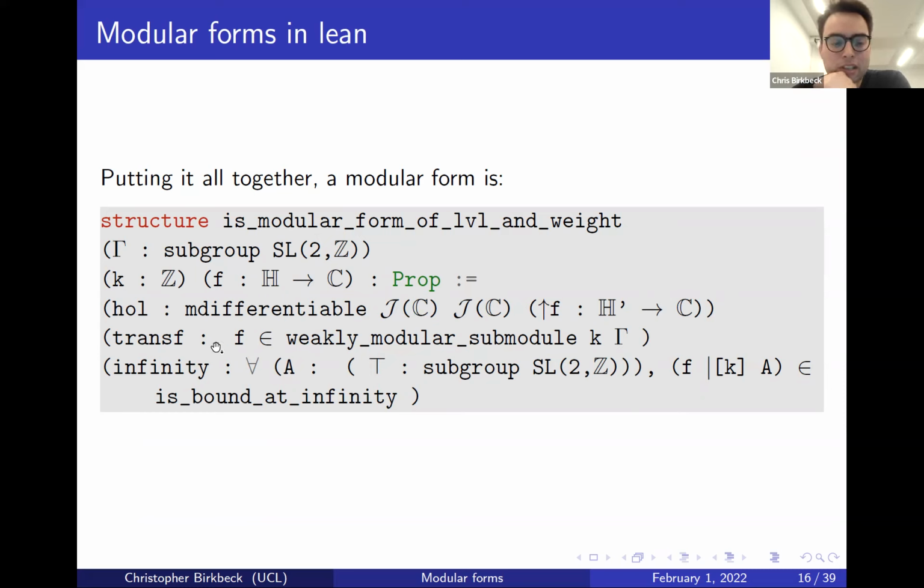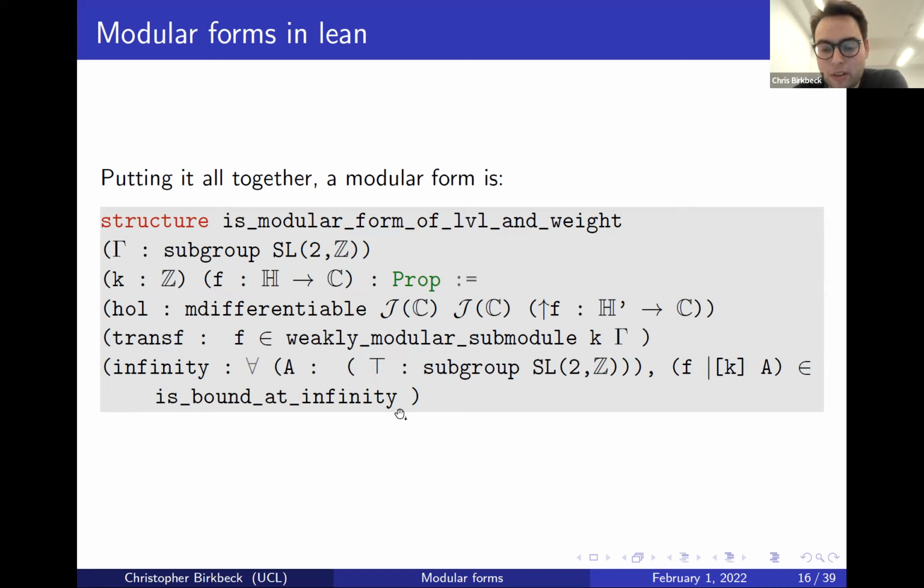Great. The second one is this transformation property, the symmetries that I care about. This just means that I want it to be a member of the weakly modular submodule that I define. So I want it to be part of this module of functions which transform nicely under the slash operator. And lastly, I want my bounded at infinity condition, which, as Carl said, I wanted to hold for every matrix in SL2Z.